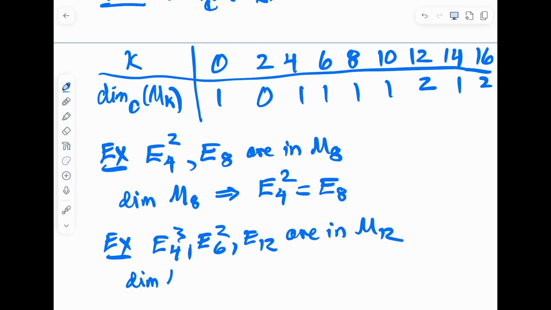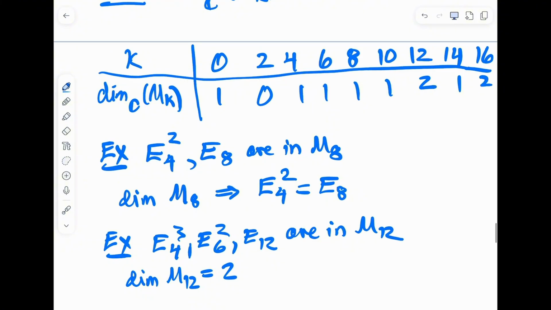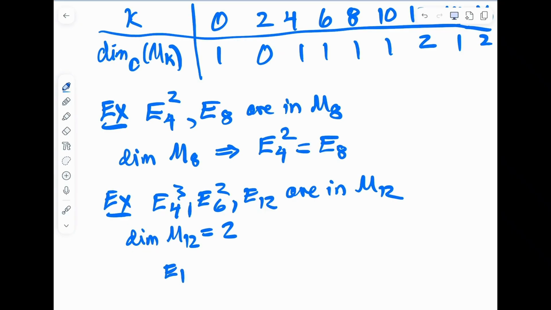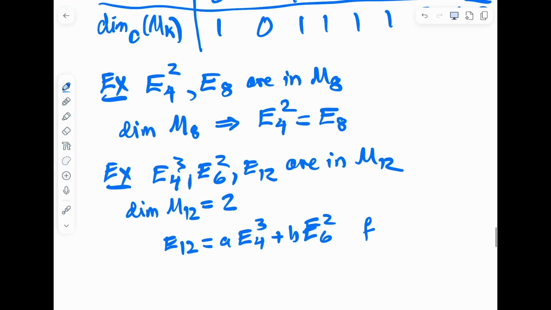And what's the dimension of that space? 2, which means there's going to be a linear relationship among them, and all you have to do is look at the first few coefficients, treat the constant and linear coefficients as pairs of numbers, and get a linear relation among those three pairs, and that linear relation has to propagate all the way down the line to all coefficients in all degrees. So E12 has to be a linear combination of E4 cubed and E6 squared, and just by looking at a few coefficients, you can solve for A and B.